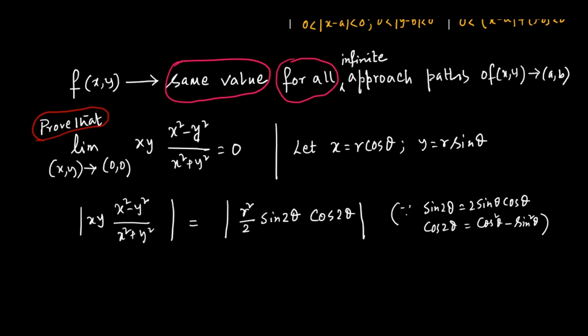So in a similar way, this can further be written as mod of r square by 4. Now 2 sine 2 theta cos 2 theta, if I do this adjustment, will be sine 4 theta. So this is equal to mod of r square by 4 into mod of sine 4 theta.